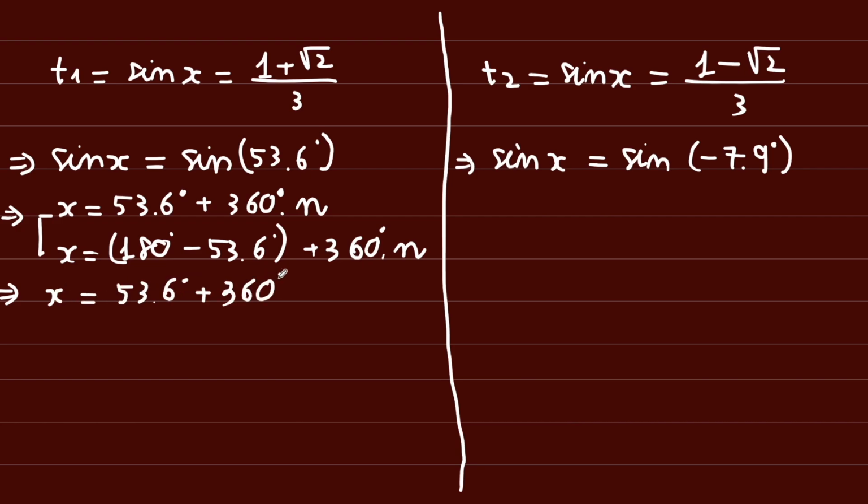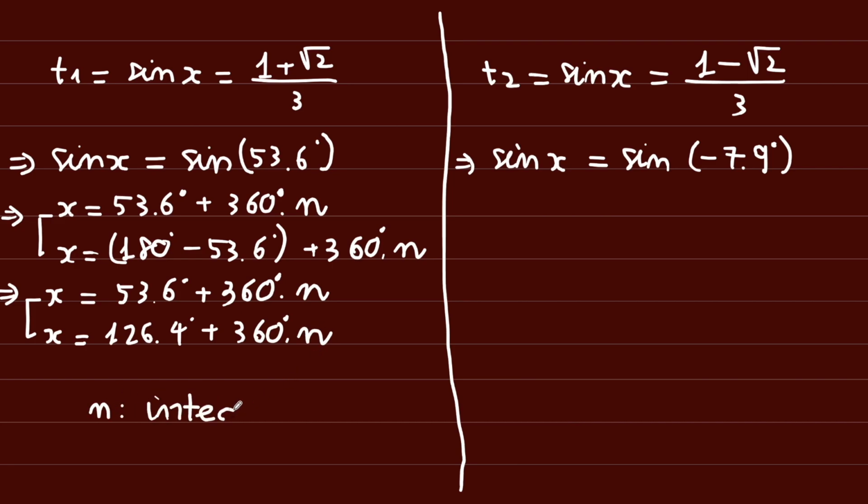The first one stays unchanged, and the second one you can simplify, because 180 minus 53.6 gives the new angle 126.4 degrees plus 360 degrees multiplied by n. And n is an integer, maybe negative, maybe positive, or maybe 0, but it has to be an integer.